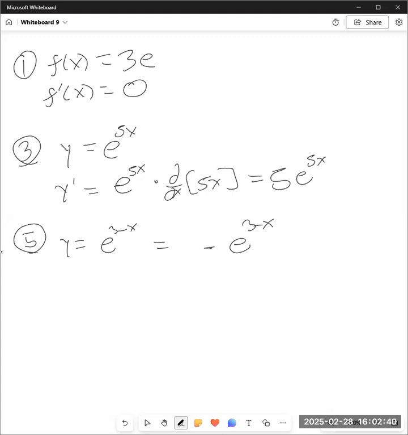So my rule here says the derivative with respect to x of e raised to some function of x is e to that function of x times f prime of x.